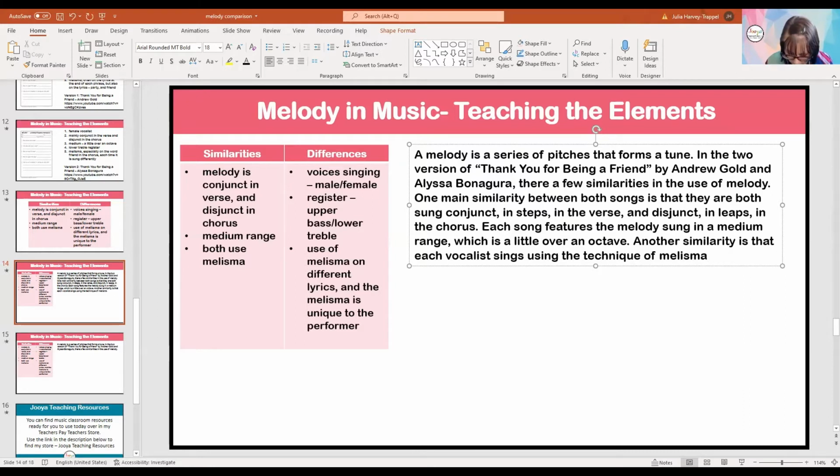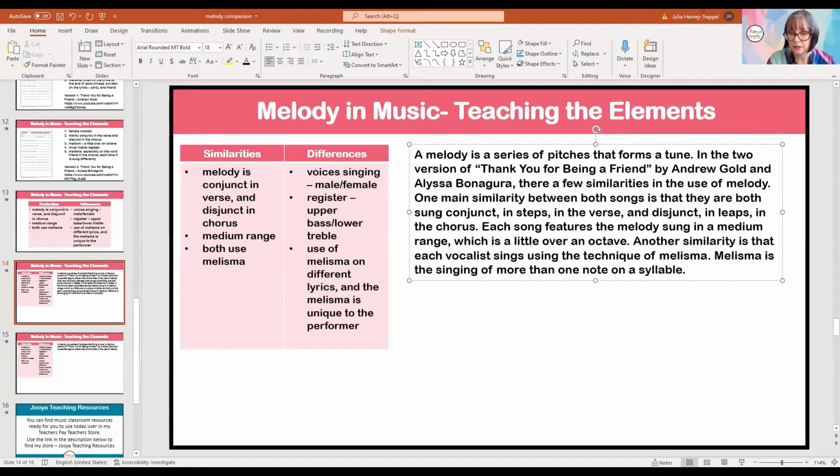Melisma is the singing of more than one note on a syllable. When I come to the next one, I'm not going to define melisma again because we've defined it here already.